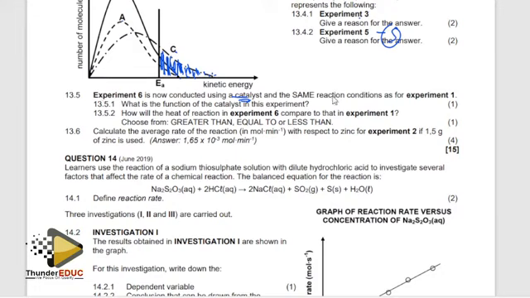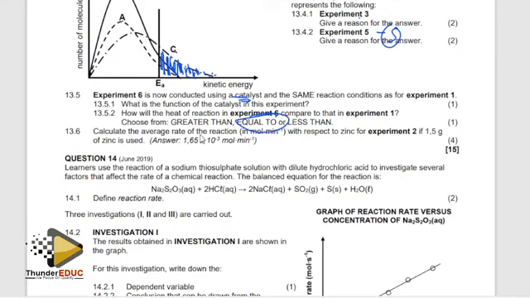It speeds up the rate of reaction, or it provides an alternative way in which the reaction can take place in a faster way. Then how will the heat of reaction in experiment 6 compare to experiment 1? Will it be equal to? They're saying the heat of reaction. Remember, a catalyst doesn't change anything. It just makes the speed. The heat remains the same. So it will be equal to, yes.